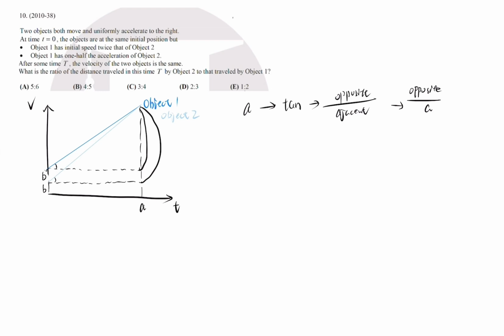So if the distance here is 2, here will be 1, which means that this part will be 1. Let's erase this.